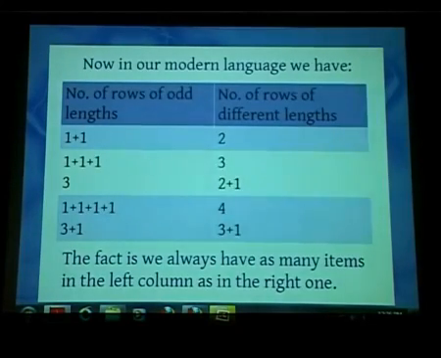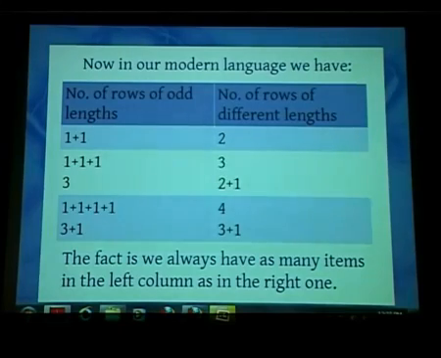Now let me use our symbols of mathematics to formulate these things. Here, for n equal to 2, the number of animals is 2, and these numbers represent the number of animals in the first row, the number of animals in the second row, likewise. Now see this column: all row lengths are odd. And in this column they are distinct numbers.